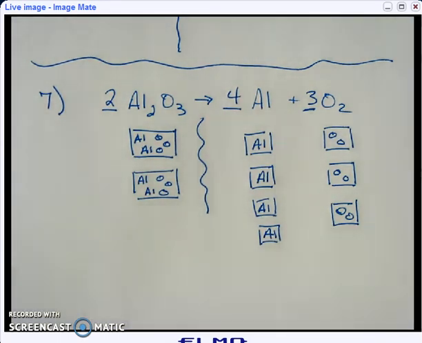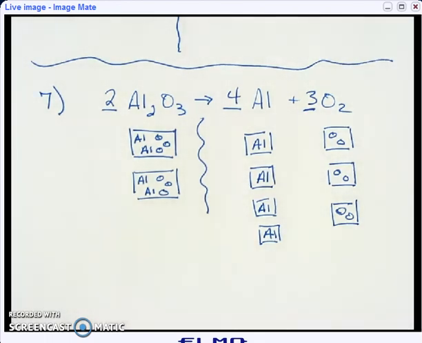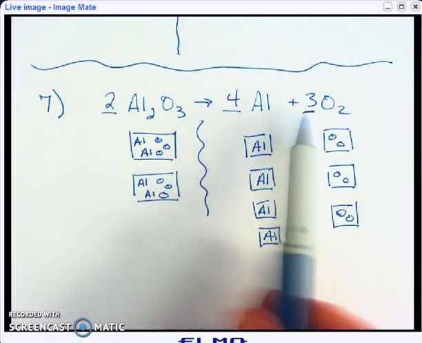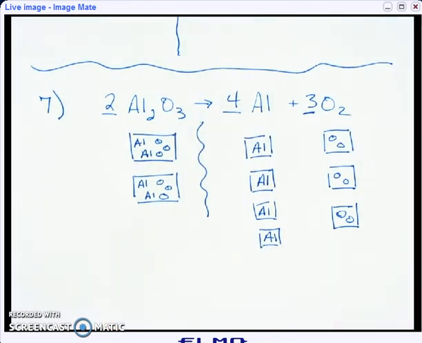One of the things I'll give you a heads up on: very seldom are you going to get one of these coefficients that gets much above 4. On a rare occasion, you might get to 6 or 8 if we're dealing with a combustion reaction. We'll talk about those as we go down the road.